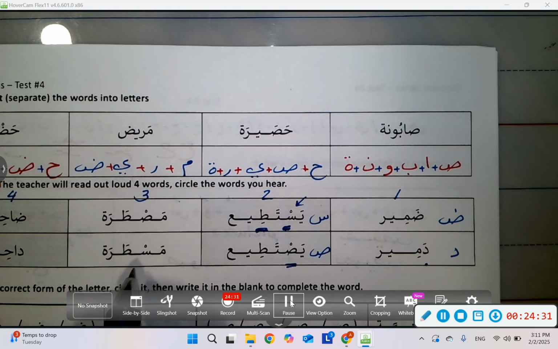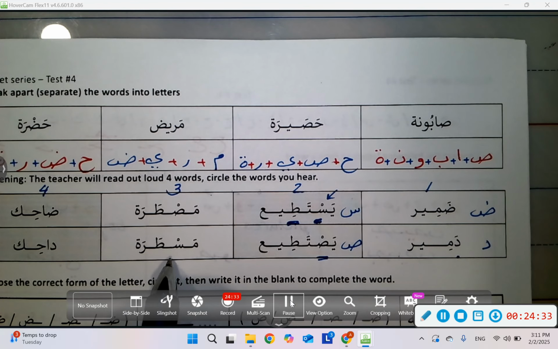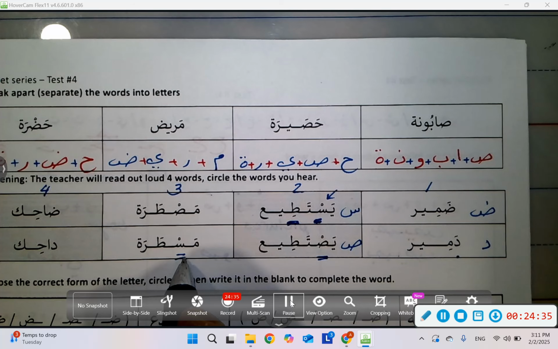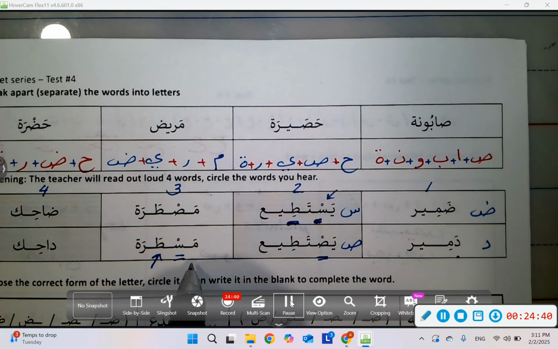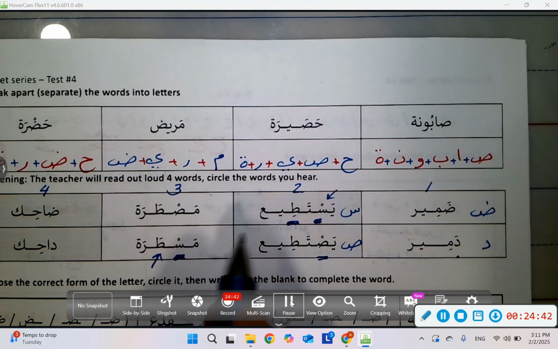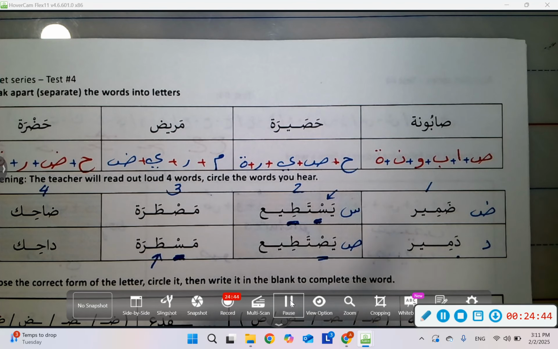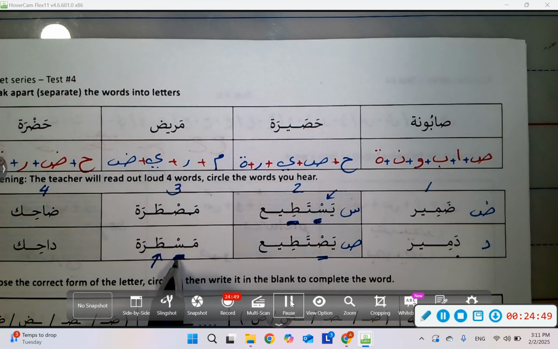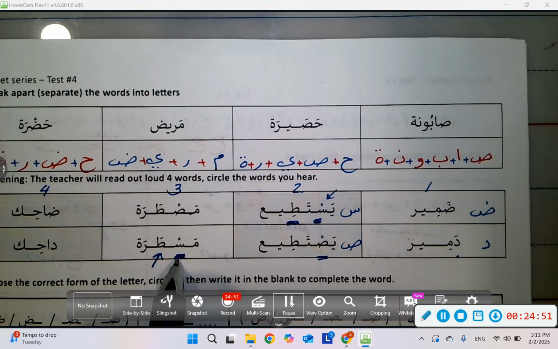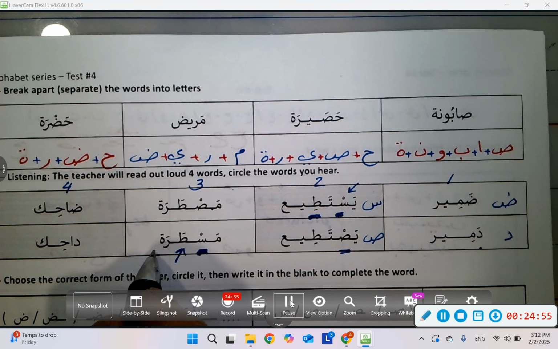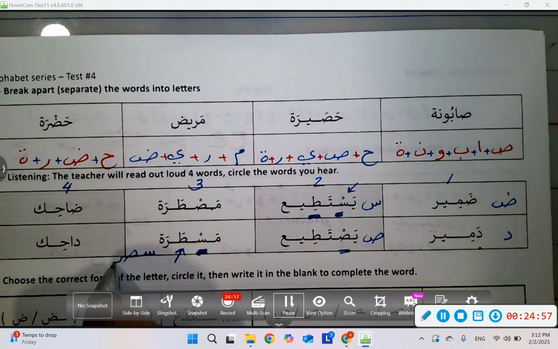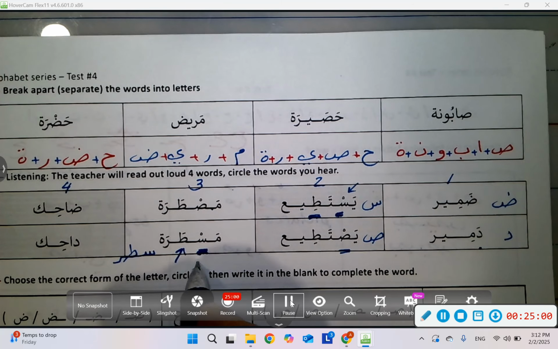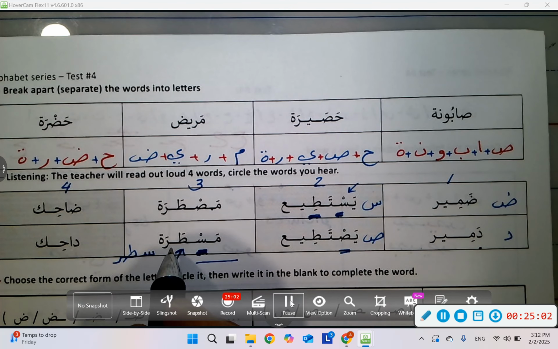So any word, all here is the same. مسطرة. Mastara is with seen, but because of the presence of ta in the word, it pushes the seen to become heavy. So you hear mastara, but it's supposed to be written with seen, because this word came from the word سطر. Satr means line, and mastara means a tool.